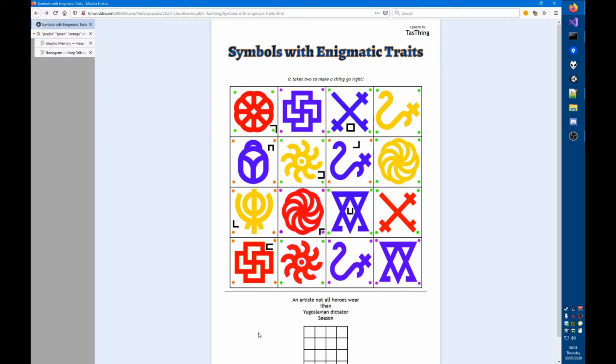Okay, so let's see. Let me remind myself how many unique symbols there are. Okay, so there is this wheel, which exists only once, and then there is this, which exists another time here. That is the same as that. This is the same as that. That is also the only occurrence of that symbol, and so is this. These three are unique. Okay, so this occurs twice.